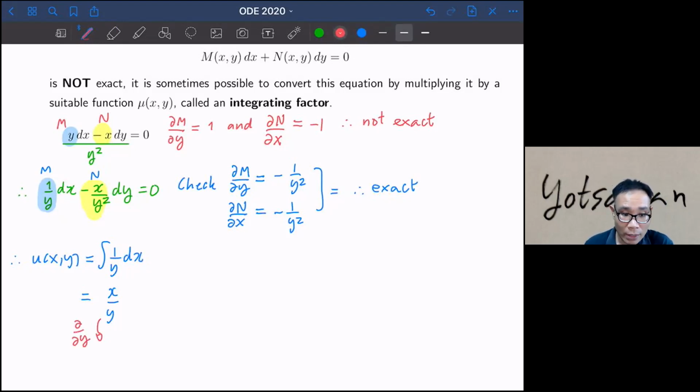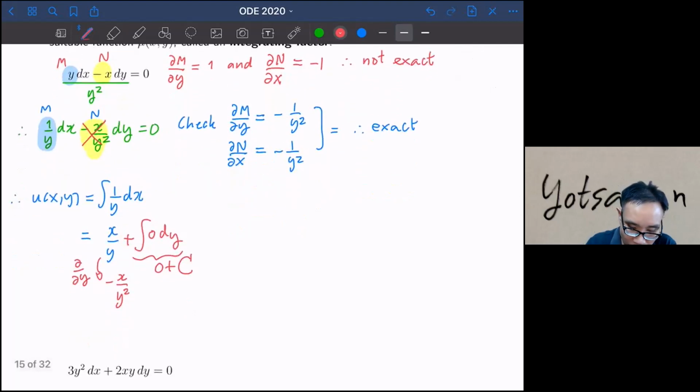So this is going to be negative x over y squared, which cancels out. You add the integral of 0 dy, which turns out to be 0 plus c.